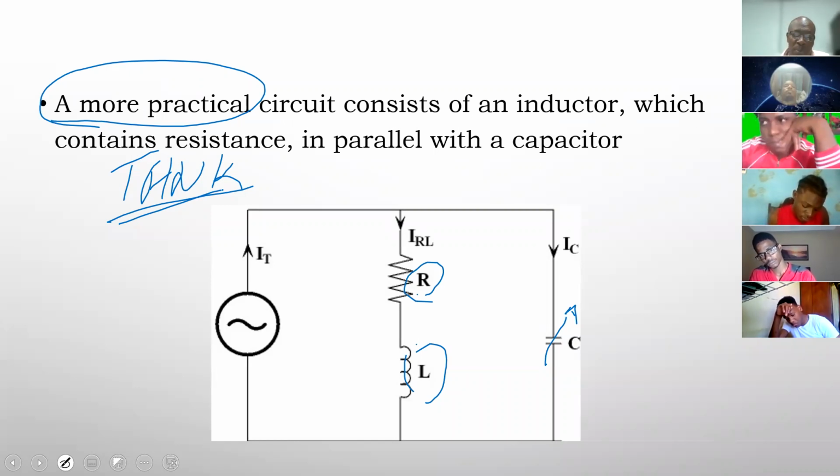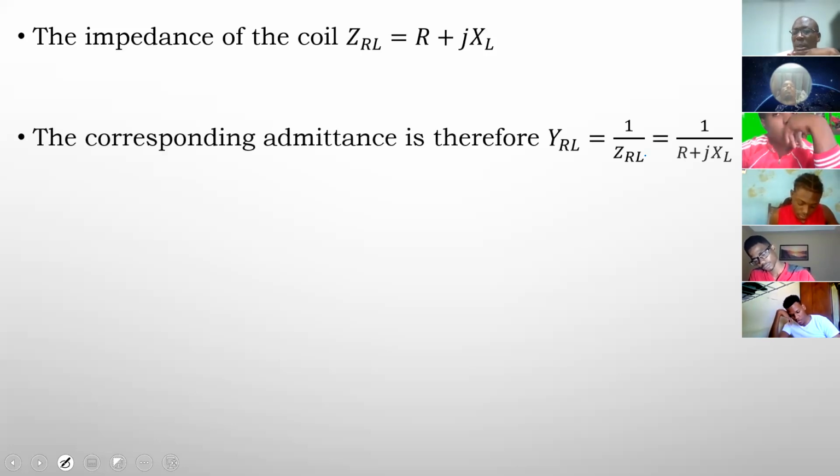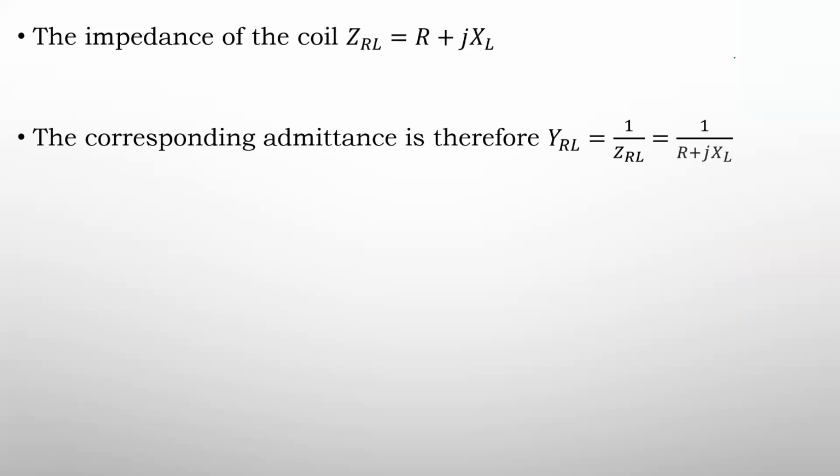Okay, so let us go. So here we have a more practical circuit where we have an inductor which has resistance in parallel with a capacitor. So how do we do the analysis? Again, we look at each branch. So we have an RL branch, and that impedance is R plus jXL. So we can find the admittance of this RL branch, right? And that RL branch is given as 1 over ZRL, which is 1 over R plus jXL.